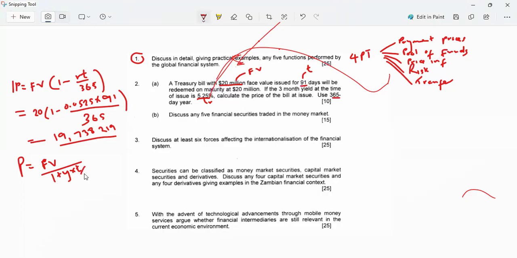base here. So if our face value is 20 million, then we have 1 plus our yield, in this case 5.25%, that is 0.0525, times 91 over 365.